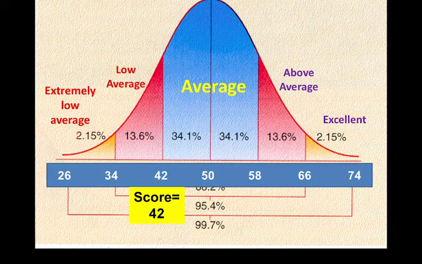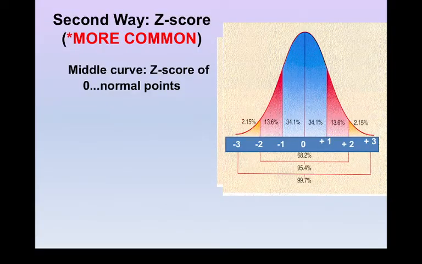Kapag maging 41 yan. Okay, so from 34 to 41, that's low average. From 42 to 58, that's average. From 59 to 66, above average. From 67 to 74, that's excellent. Okay, so ganun lang, no? Ang pag-i-interpret ng raw score given the normal curve in relation to standard deviation.